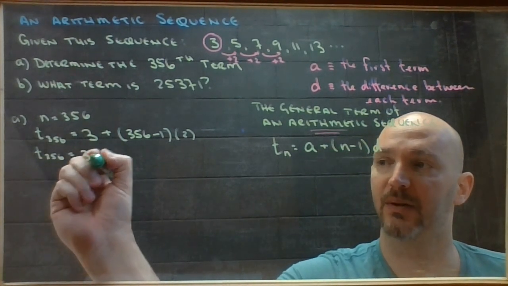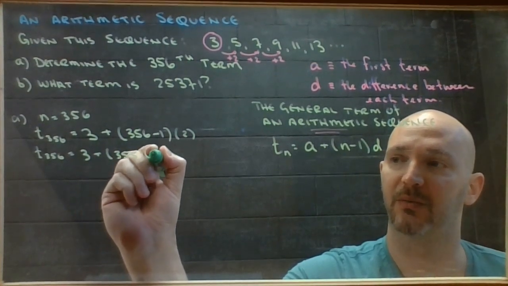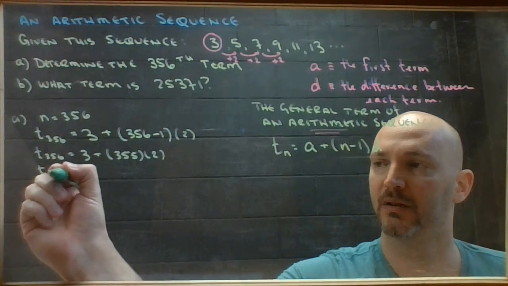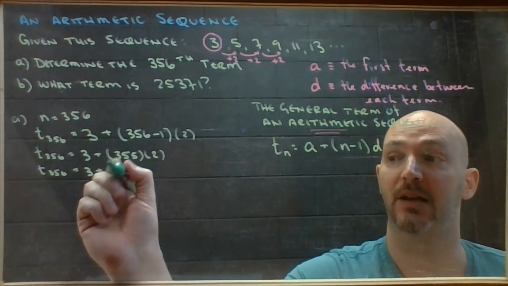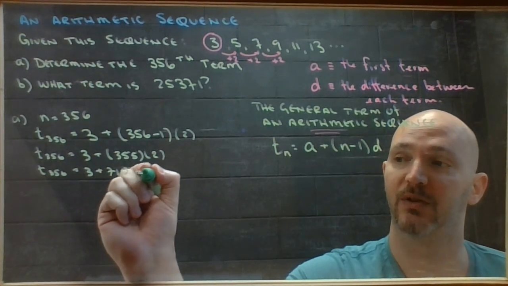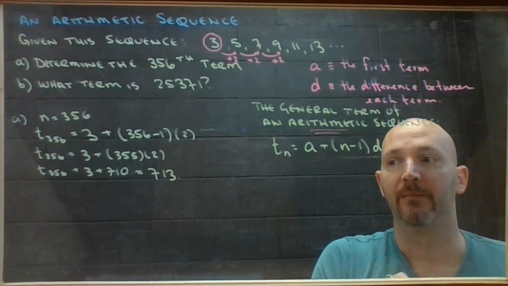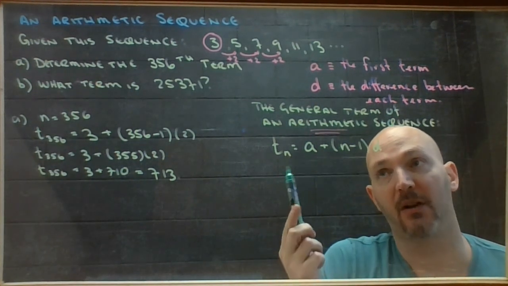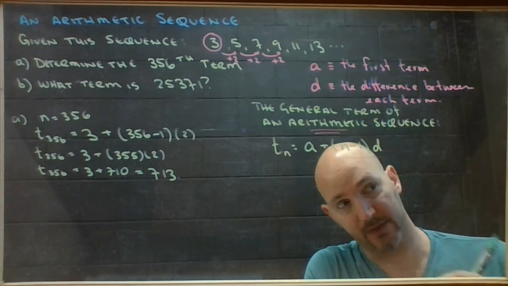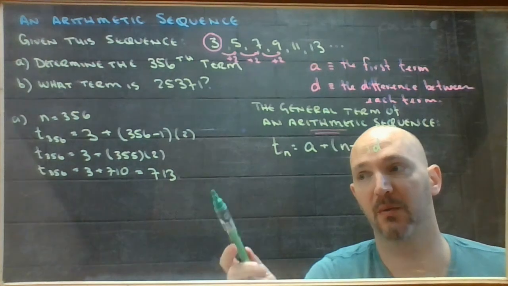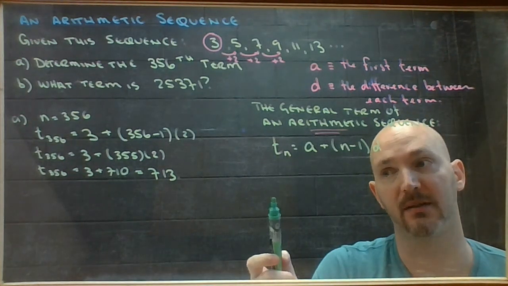So I have all the numbers filled in, so I should be able to just work this out. T356 is 3 plus 355 multiplied by 2. T356 is 3 plus 710, which is 713. So if you were to write out all of the odd numbers starting from 3 and went on as far as you liked, by the time you wrote the 713th number in that sequence, you would have hit, nope, that's wrong.